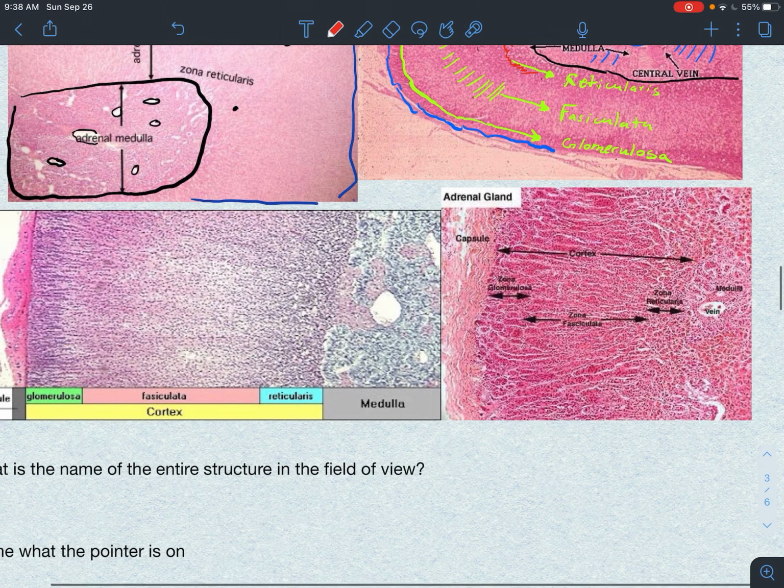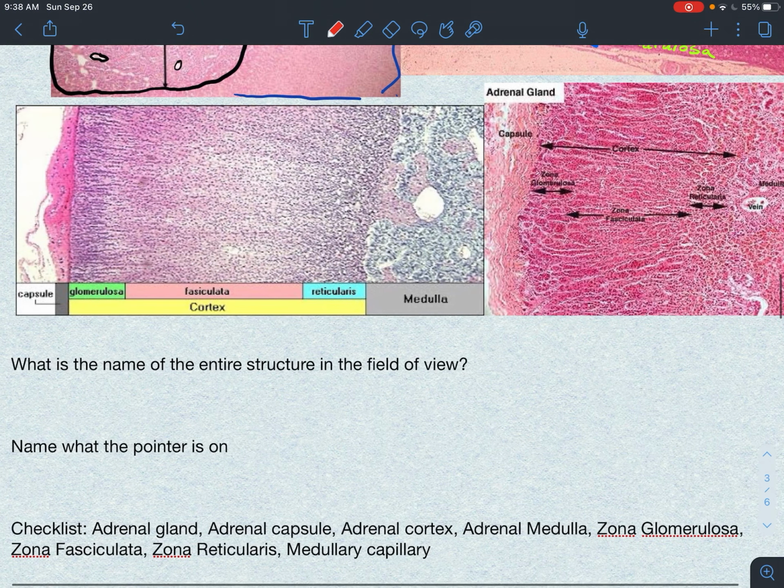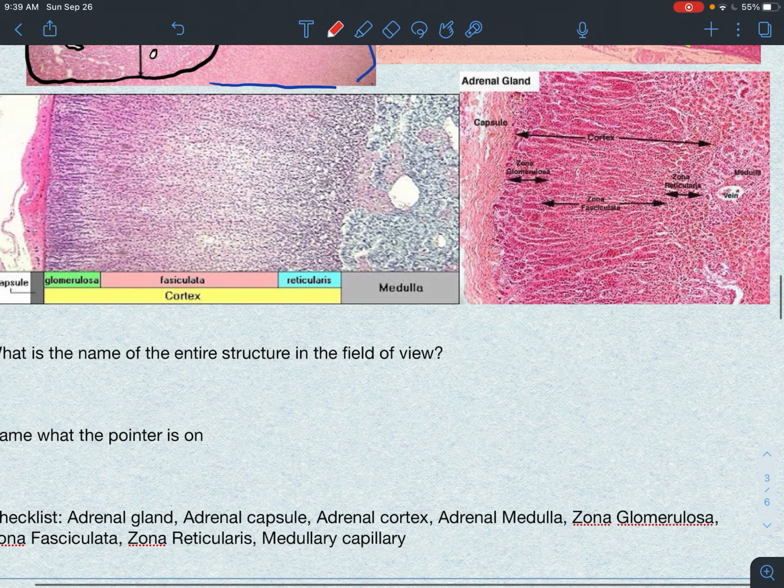Another common view that you get is this slice on the side here. And here I've got two images that have been kind of laid out on the side with a close-up view. The advantage to having these last two here is that you can see more of the details of the glomerulosa, fasciculata, and reticularis.